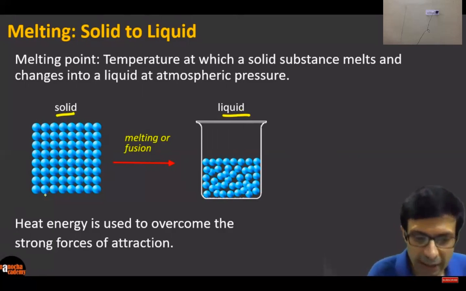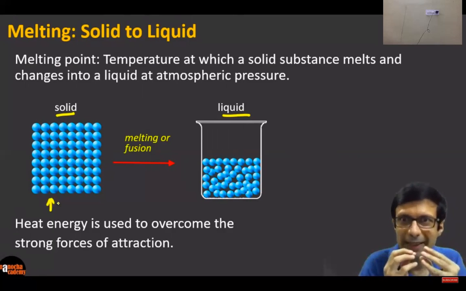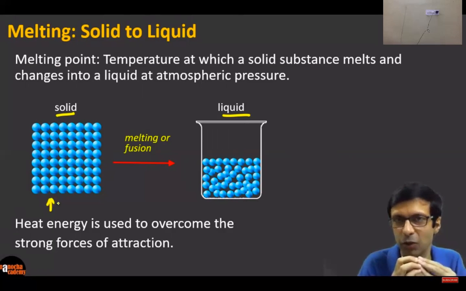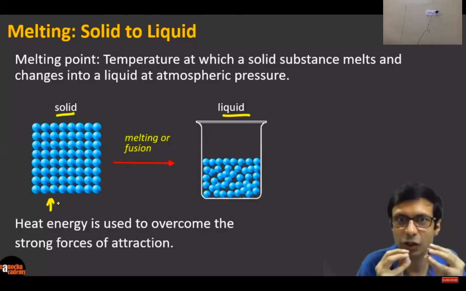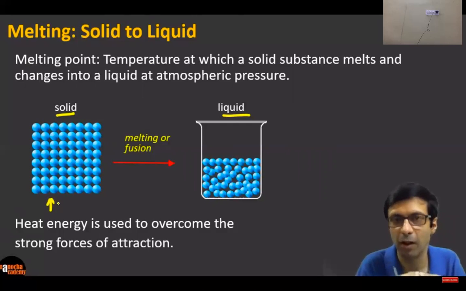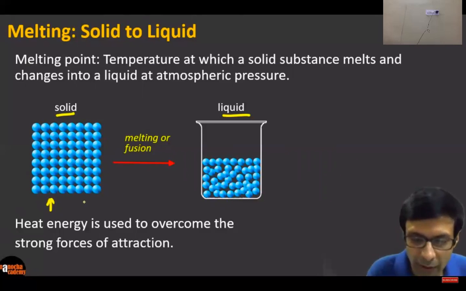And guys, can you see that in the solid, all the particles are tightly packed? So you know that in a solid, the particles are tightly packed and they are just vibrating about their mean position. They have less kinetic energy, there's a strong force of attraction. But if you compare it with a liquid, can you see?